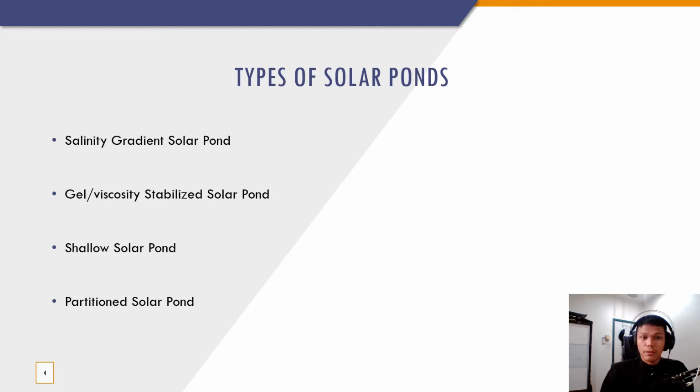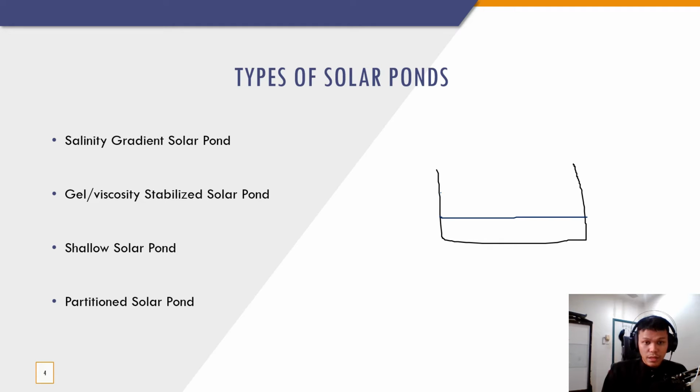Next up is a viscosity stabilized solar pond, also known as gel solar pond. Instead of using a salinity gradient to separate water levels, this pond uses a polymer gel. The LCZ is still using highly saline water to allow the gel to float on top.